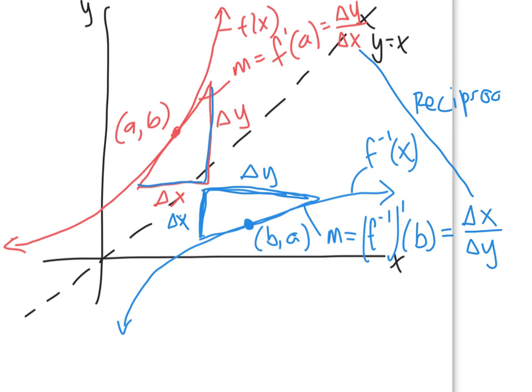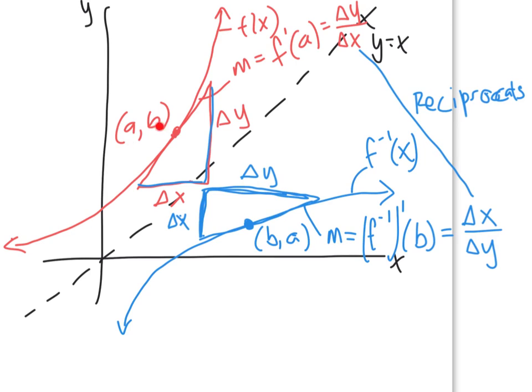I'm going to use this picture to explain the remaining problems on how to calculate the derivatives of inverse functions. The main thing I want to reiterate is that, first of all, they're reflected over this line y equals x, which has a slope of 1 and y-intercept of 0.